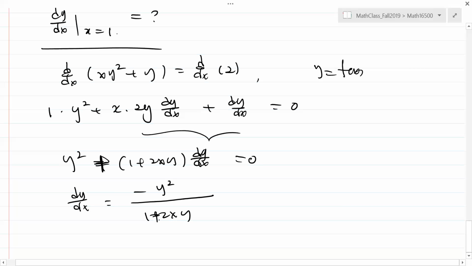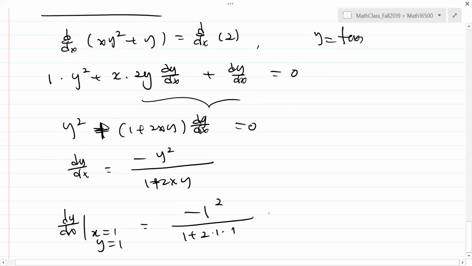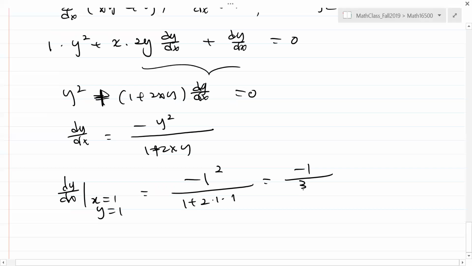Here we have the derivative, which is the slope, but we don't need to talk about slope, just the derivative of the function. When x equals 1, y equals 1, that's negative 1 squared over 1 plus 2, so the answer is -1/3.